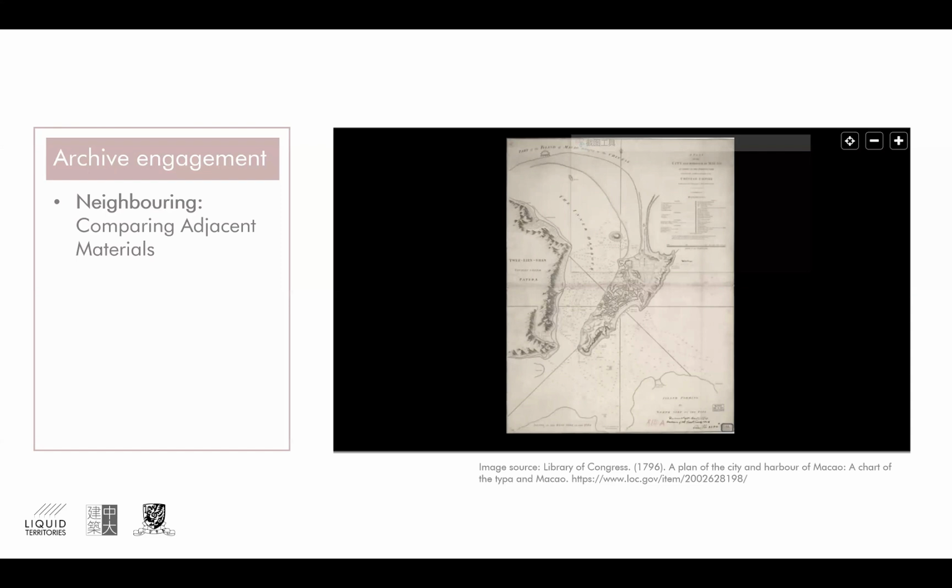And also it helps you reconstruct a fuller historical picture from fragmented reports. So it's always helpful to ask questions about the materials nearby and perhaps sometimes the whole collection, examining the whole collection that the material is situated in.